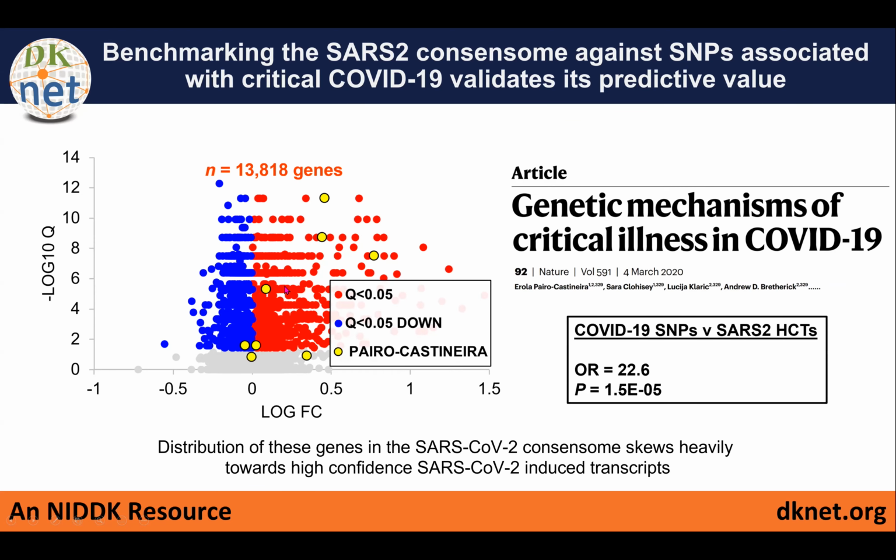When we overlaid this set of nine genes onto our consensome, we find that their distribution skewed heavily towards these high confidence targets. What this told us was that the consensome was identifying targets that are actually relevant for clinical COVID-19.